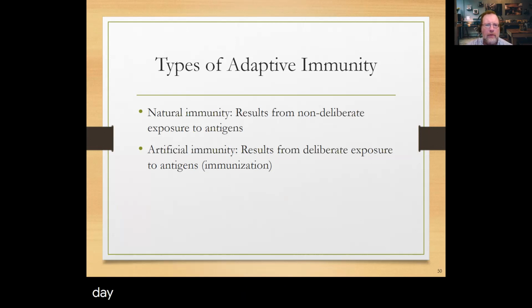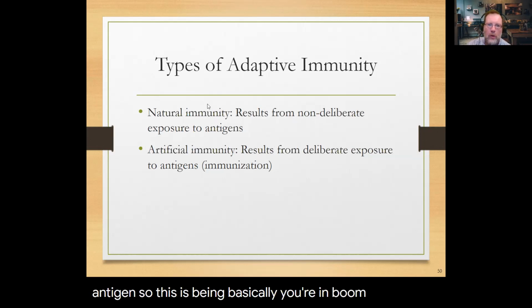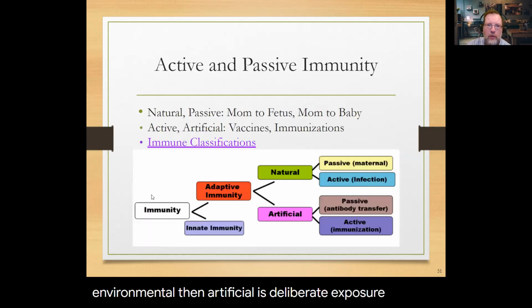Types of adaptive immunity. Natural immunity is non-deliberate exposure to antigens. So this is being basically in the womb, or you get coughed on once you're out of the womb, so environmental. And then artificial is deliberate exposure, maybe through immunization.